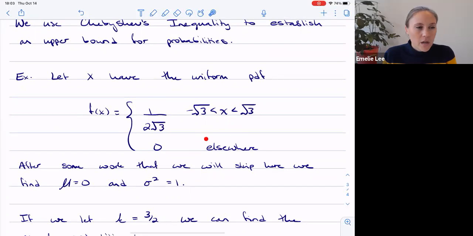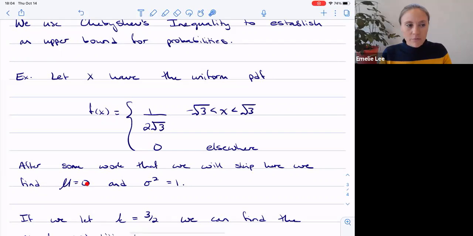Okay. So here, kind of pre-baking it, I encourage you to try to find the mean and the variance. You can generate the moment generating function, or you can find E of x and E of x squared just by using the PDF, integrating the PDF times x or x squared, and then constructing your mean and your variance.